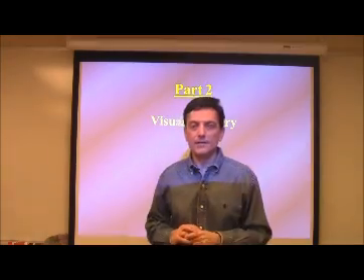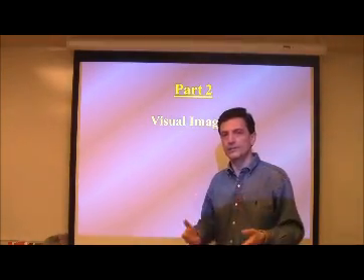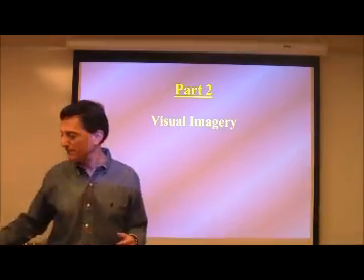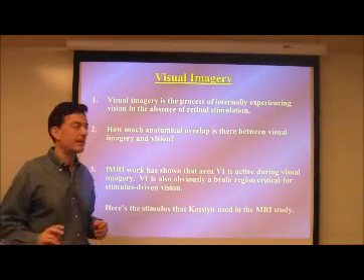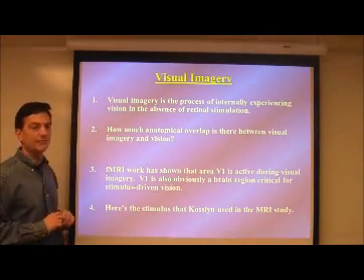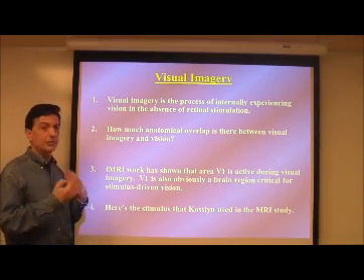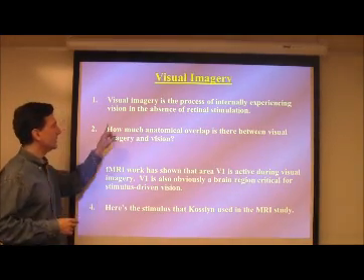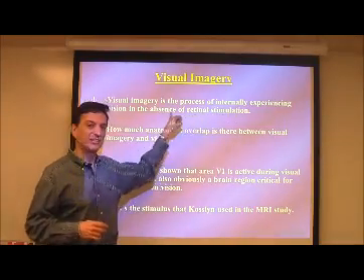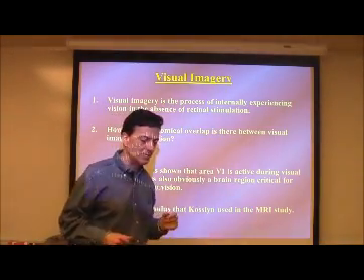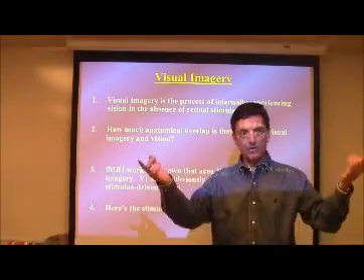Okay, we'll now move on to another type of high-level vision called visual imagery. We'll first begin by defining visual imagery, as we have at the top of your slide. Visual imagery is the process of internally experiencing vision in the absence of retinal stimulation. So far this semester, we've spent a lot of time talking about the properties of light.